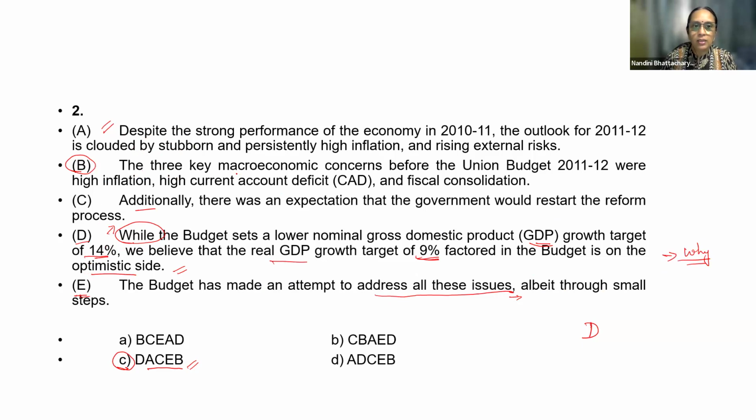Now, the three key macroeconomic concerns before the union budget were high inflation, high current account deficit, and fiscal consolidation. Does this answer? No. Or if we say B is an introductory sentence, does it make sense? Hmm? Will it make sense?